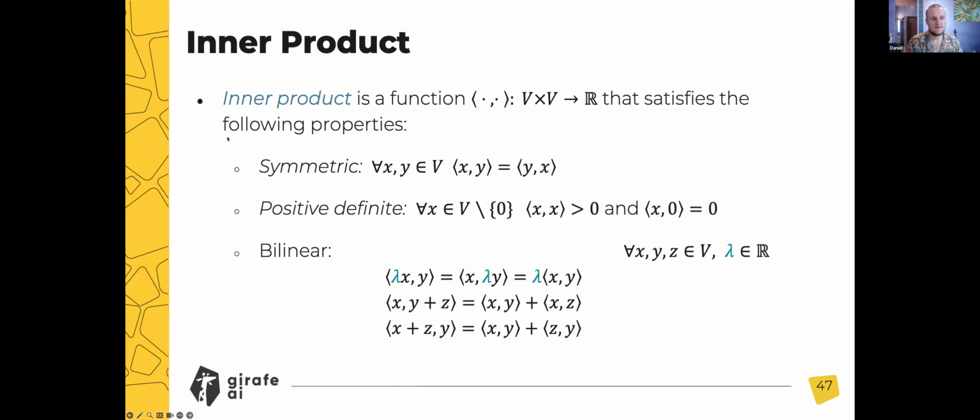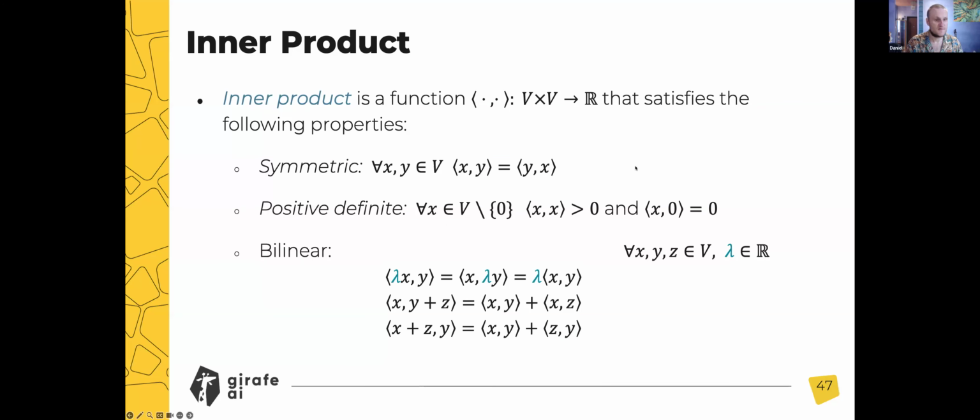But that is not enough. It has to satisfy some properties. First of all, it has to be symmetric, which means the order does not matter, right? So the inner product between two vectors is the same number, no matter in which order you put them.